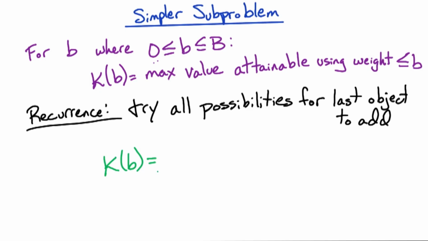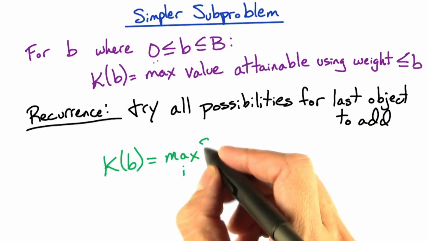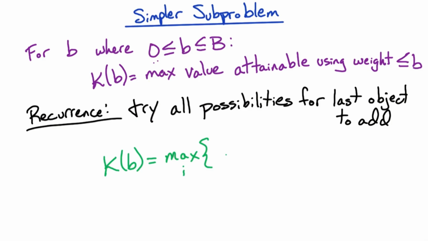How do we get the best? We take the max. We'll use i to denote the last object that we're trying to add. So the last object that we add is going to be object i, and we'll consider all i between 1 and n. If we add in object i, we gain value v_i, and in addition, we gain the optimal solution to the subproblem where the total weight goes down by w_i.